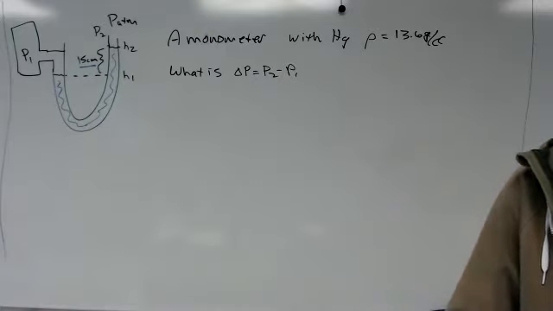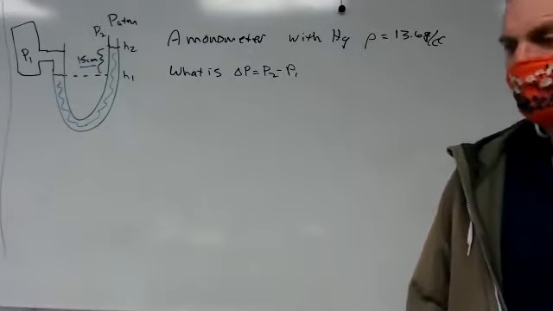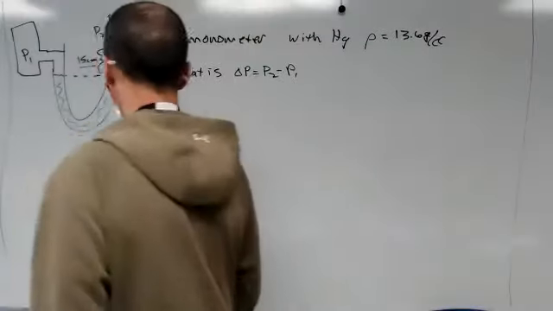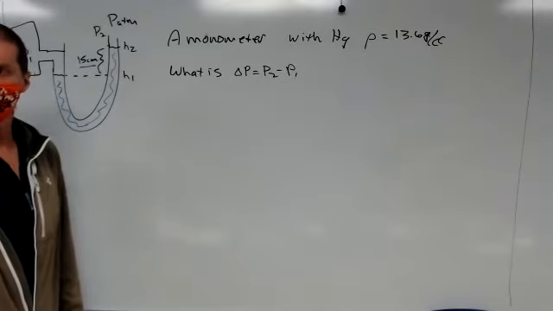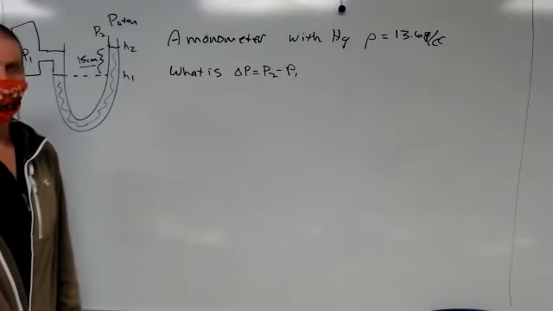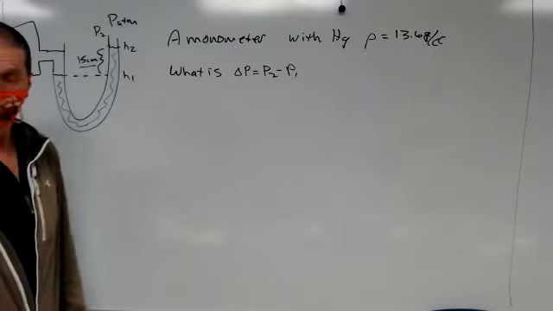Something about rho. Yeah, you're on it. You're talking about P equals P naught plus rho GH? Yeah, that's fine. Close. It's how you derive it.